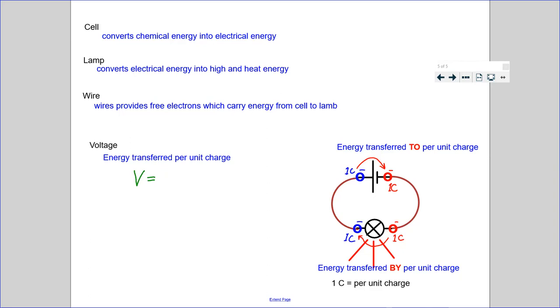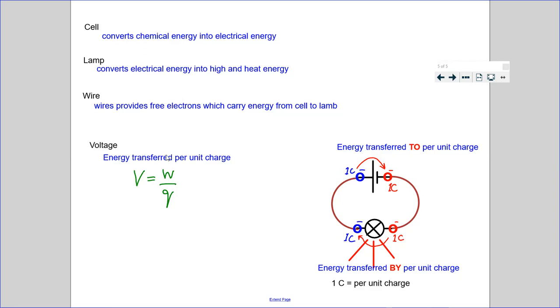Is that right? So it is work done per unit charge. Got it? Work done is measured in joules and charge is measured in coulombs.